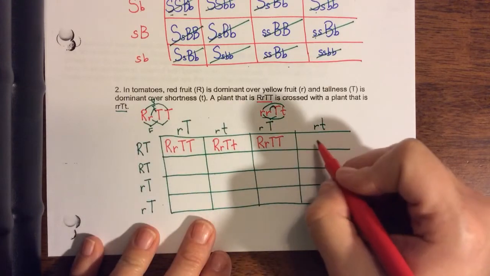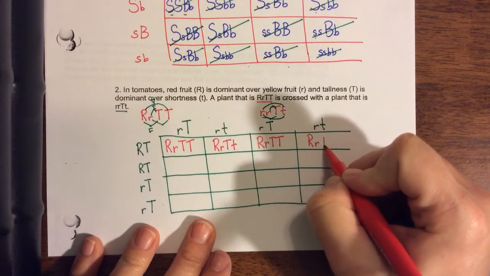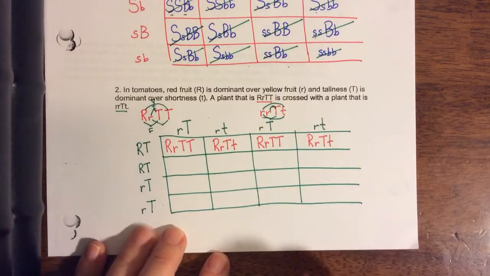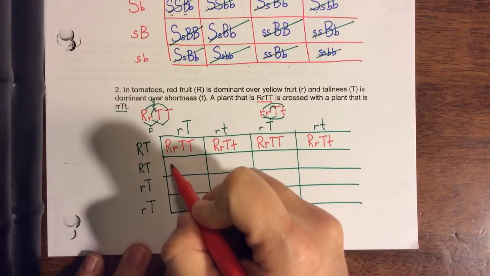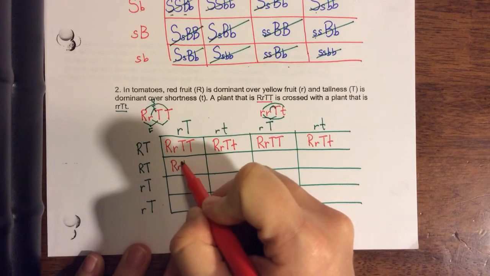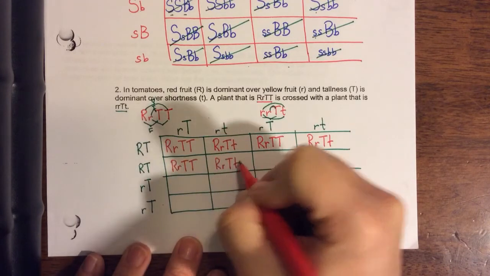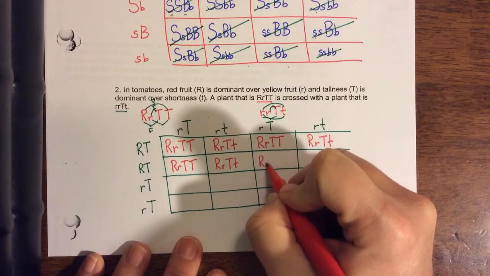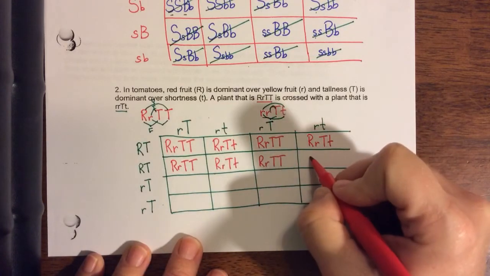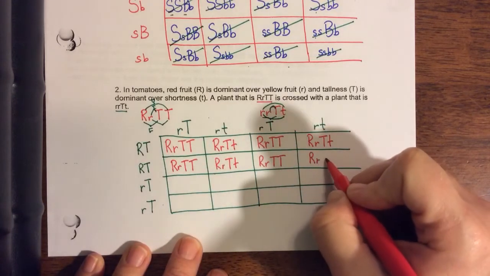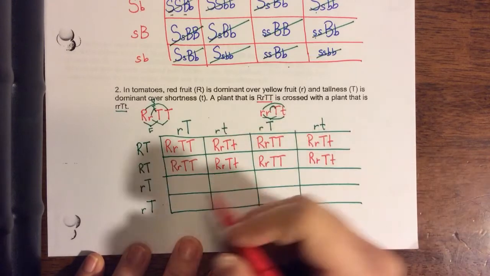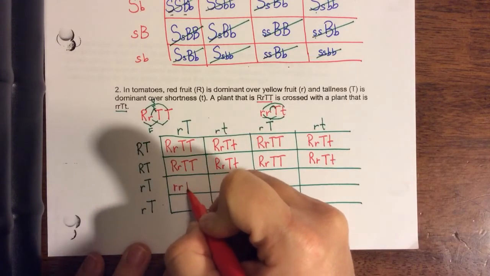Coming over here, we have a big R, big T, little t. Then next we have big R, big T, big R, big T, little t, and I'm just going to keep on going through, remembering to keep my R's before my T's and my capital before my lowercase.